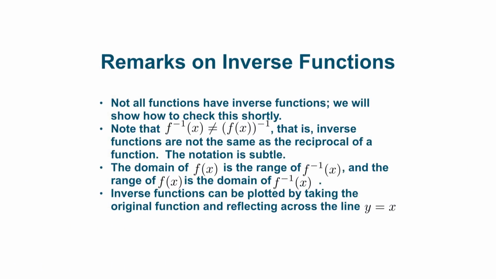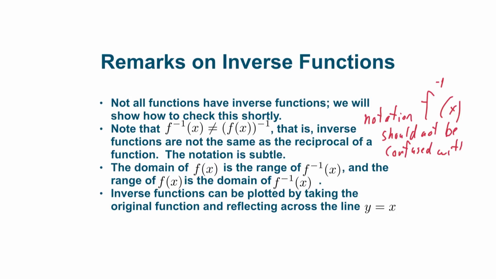Right, so just to make a few remarks, one is about notation. The common notation, of course, is what I just wrote, having a little -1 in the superscript of your function. This should not be confused with 1 over f of x.